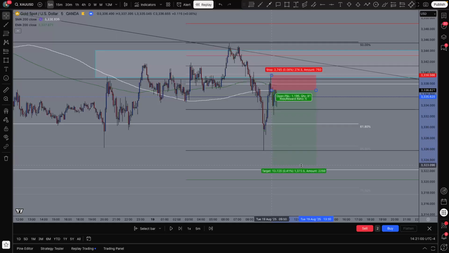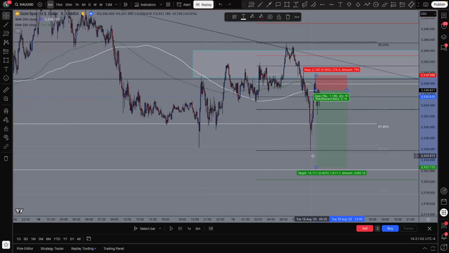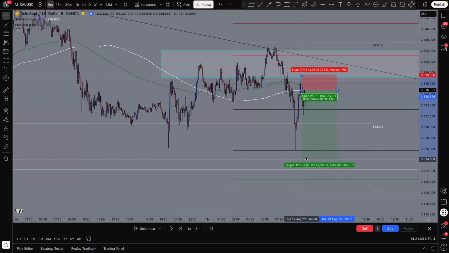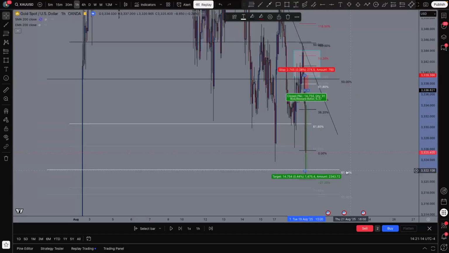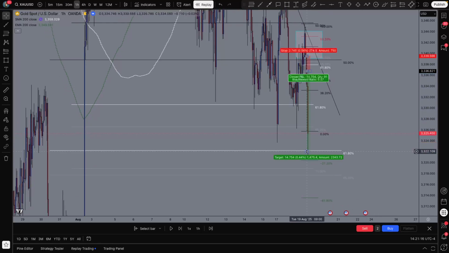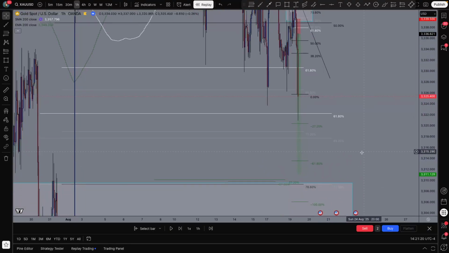And now your TP, you could have a lot of TPs, all right? So you could have a small TP around there. You could have a better TP, but still a bit small around there. And then you could have the top TP around 33.10, which would have been our next buy zone.